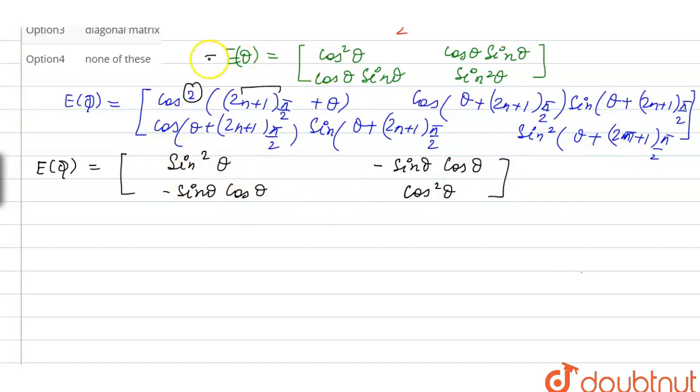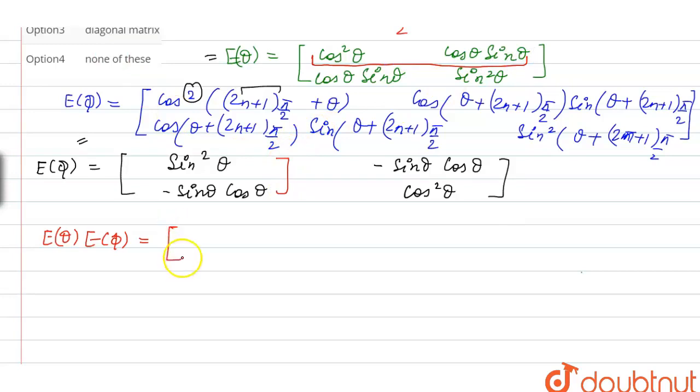Now we have E theta and E phi, and we are going to multiply these two matrices according to the problem. So this becomes E theta multiplied by E phi, and we have to perform the multiplication. For that, we multiply row 1 with column number 1.